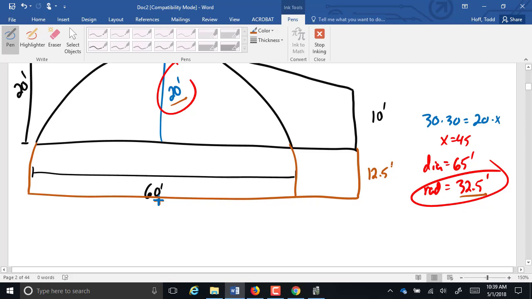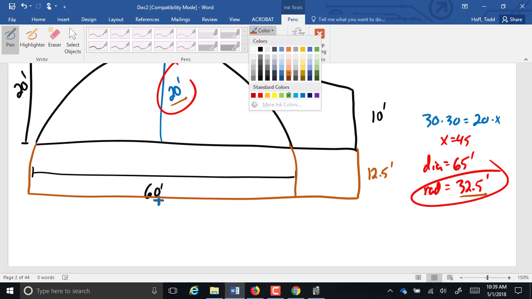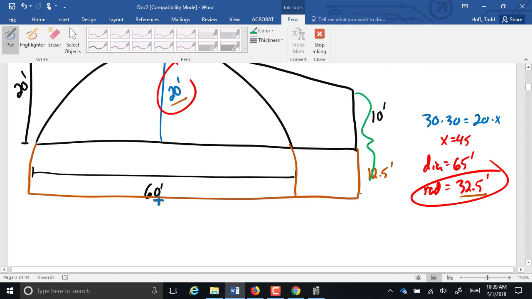Does that make sense? So that means now this height is 22.5 feet. From here out hasn't changed, has it? That's whatever it was up here. This, of course, now is 32.5.